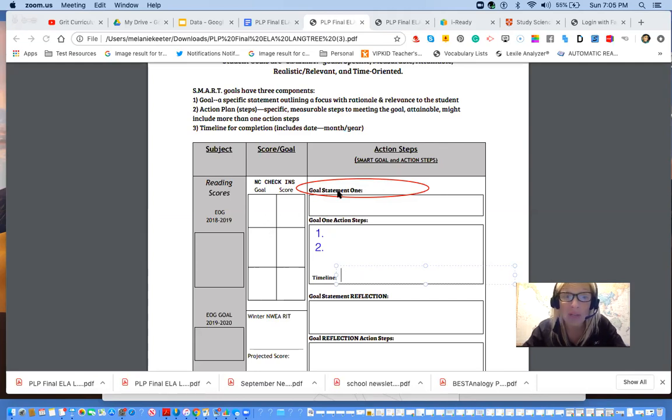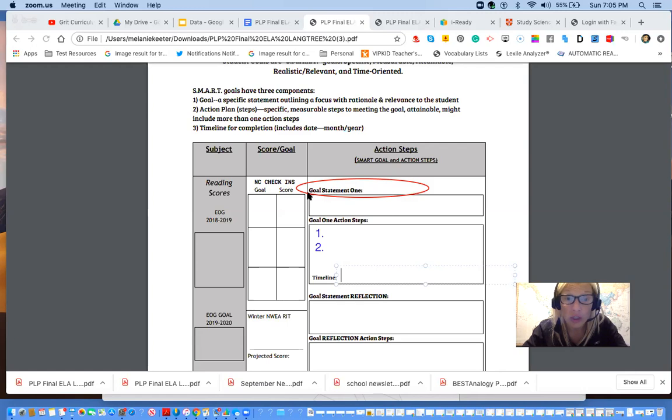So maybe I want to improve my check-in by 10% each quarter. So I will do that by reading independently at home and focusing on all of my lessons that have to do with literature and informational text each quarter as I get ready to take those check-ins. My timeline will be a little bit shorter because my check-ins are about every 8 or 9 weeks.